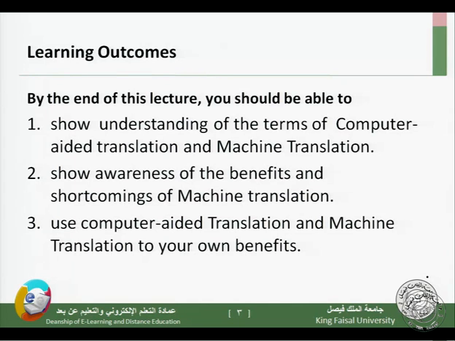And you should be able to use computer-aided translation and machine translation to your own benefits. If you could do that by the end of this lecture, it means you are a wonderful student, very good, and I'm sure you will be. This is what I would expect of you.